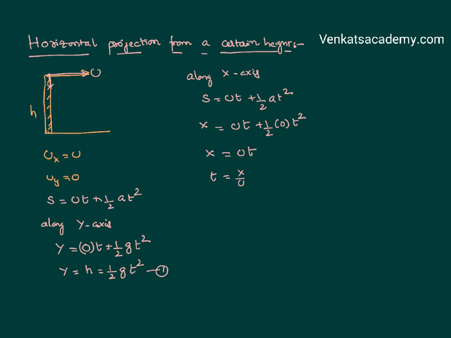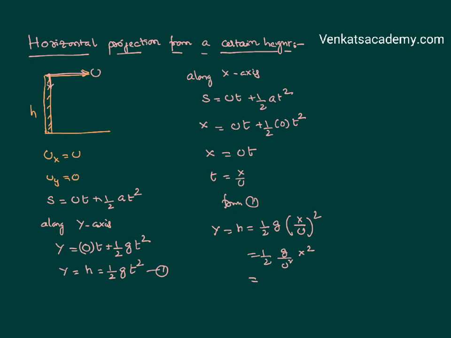By putting this in equation number 1, I can write y equal to, or else h equal to, half g t square. t is nothing but x by u. So it's nothing but half g by u square times x square.